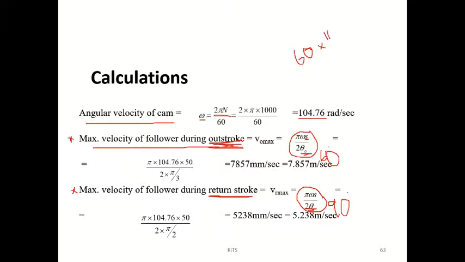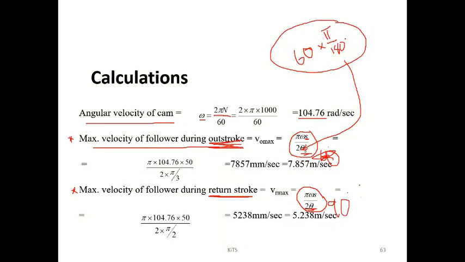You have to multiply the degree value by pi by 180. You have to put this value inside instead of theta. Okay, 60 into pi by 180. This value you have to put inside instead of theta.